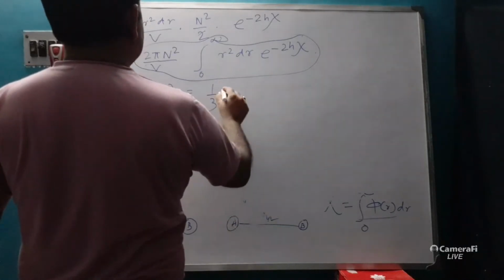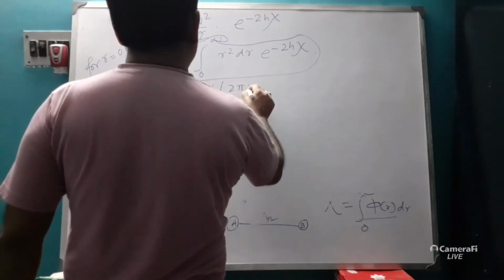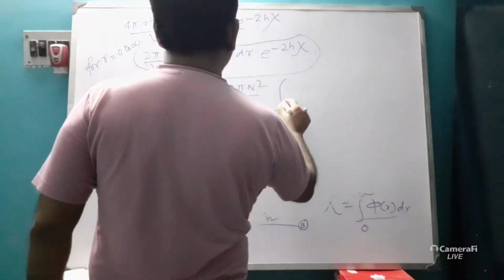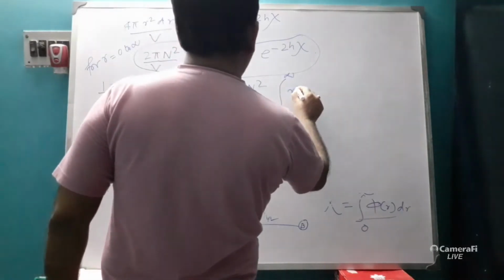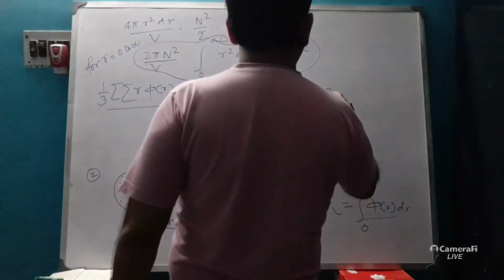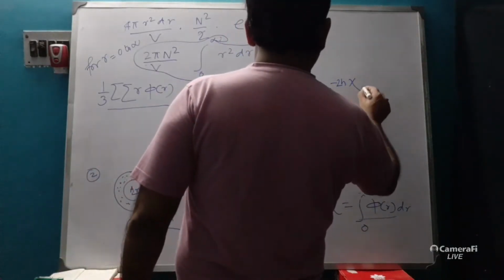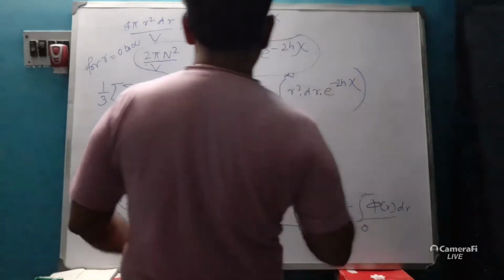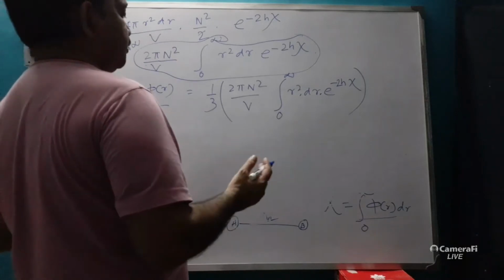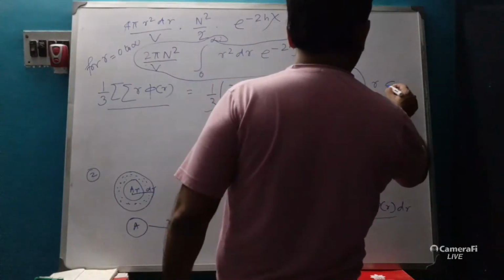1/3 got here, and in place of the summation you have to write this part, 2 pi n square by V, integration 0 to infinity r square dr e to the power minus 2h chi. The summation has been replaced by the number of molecules representing the intermolecular forces, and obviously r phi r.